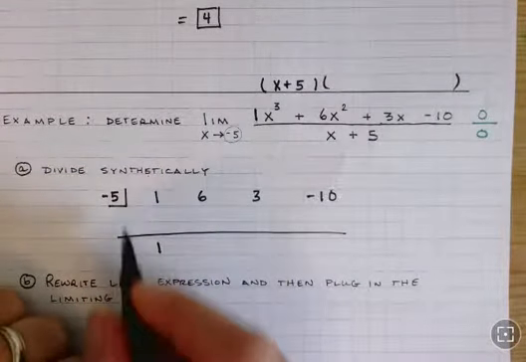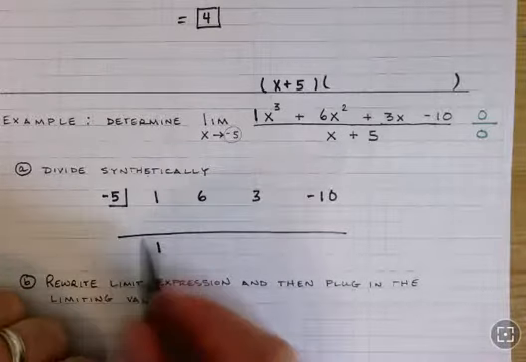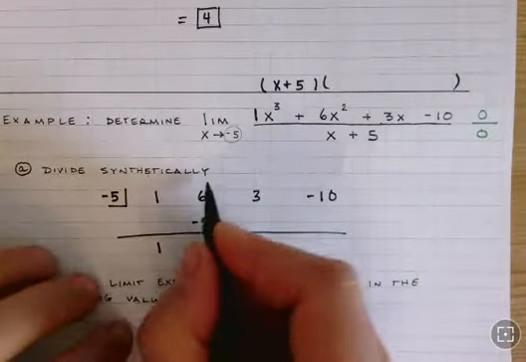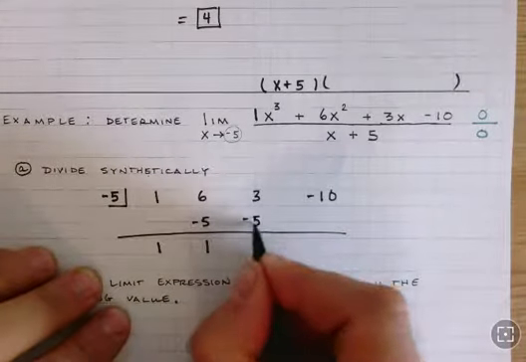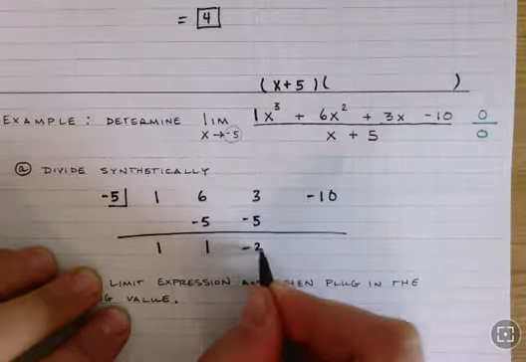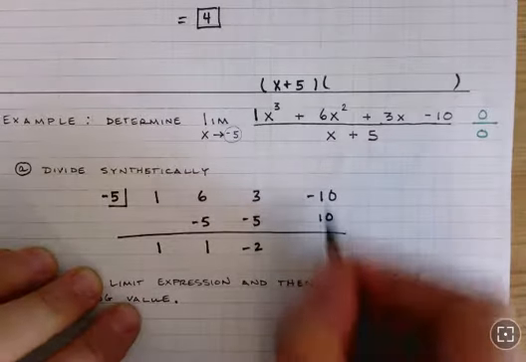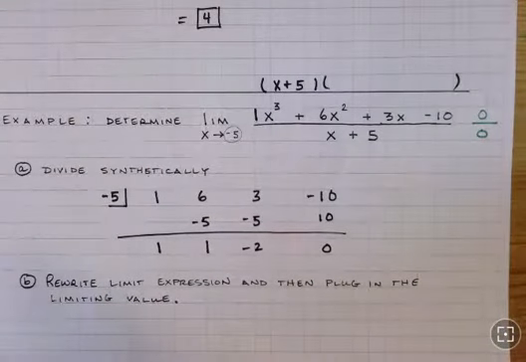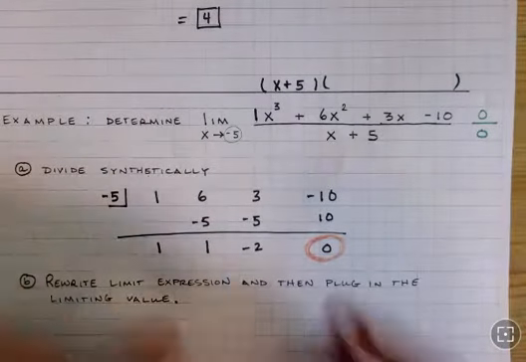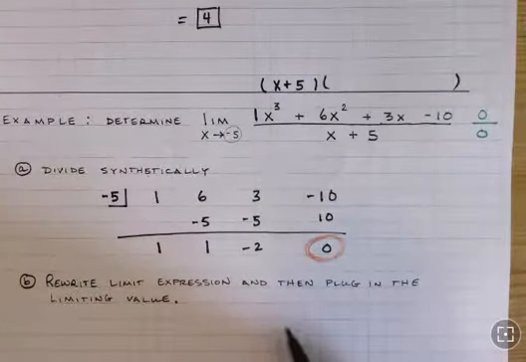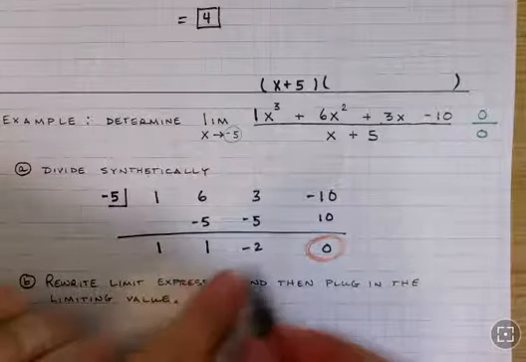Drop the 1, multiply to get negative 5. Add them together, multiply. Add them together, multiply. You should get a 0 right here. If you don't get a 0 in this position, go back and check your work. You made a mistake. So we've got a 1 and a 1 and a negative 2.